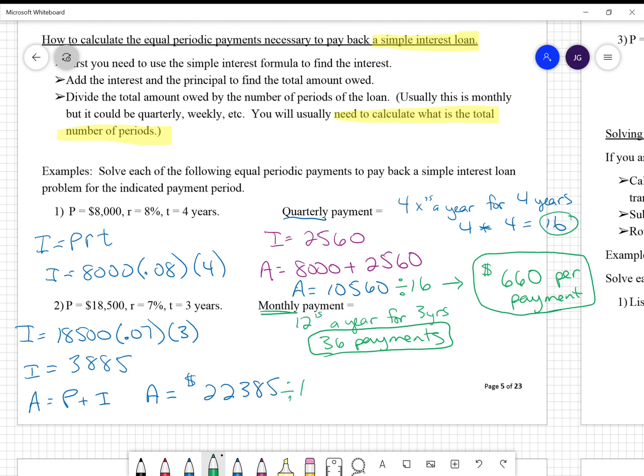Divide that by the 36 payments. I get $621.81. On my calculator, I have 621.80555... The nearest penny is the hundredths, so that rounds up to 81 cents.